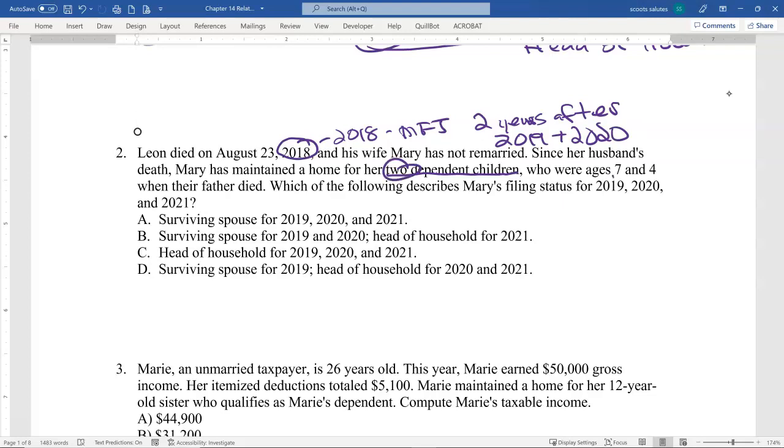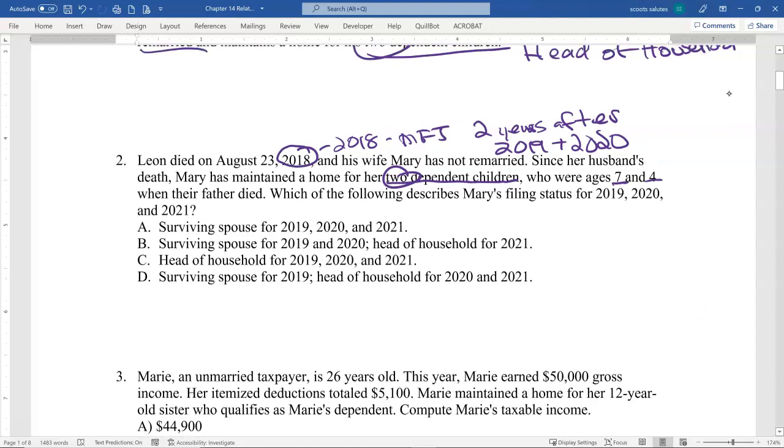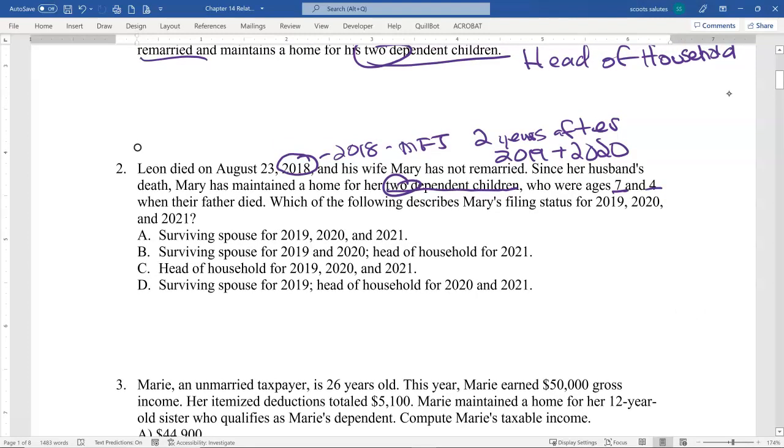Yes, and they put here the ages, just in case you're wondering why the ages are there, so you'll know that it's going to be many years before they reach 18. They're going to be dependents for several years after 2018. That's why they put that there for you to review, because you will have some situations where they age out sometime in between. So in this case, since there are dependents, for 2019 and 2020, that's the 2 years you can be married filing jointly, technically by being a surviving spouse.